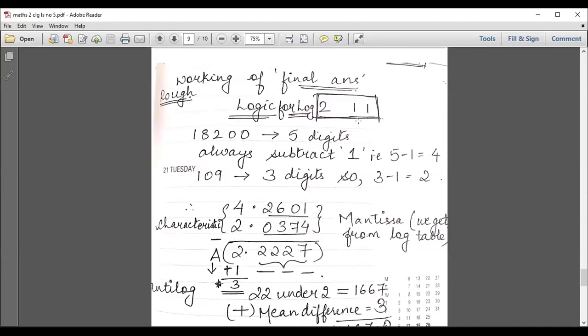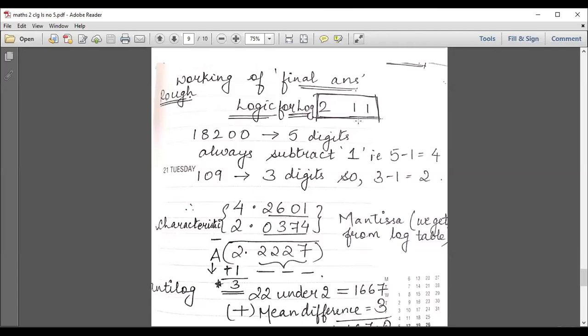You have to choose one column from 0 to 9 depending upon the number. The next one shows the mean difference column. In mean difference, you again have a series of columns from 1 to 9. So basically in the log table you have 3 columns: 2 digits, a single column from 0 to 9, and the mean difference column from 1 to 9. So this is the concept of log.